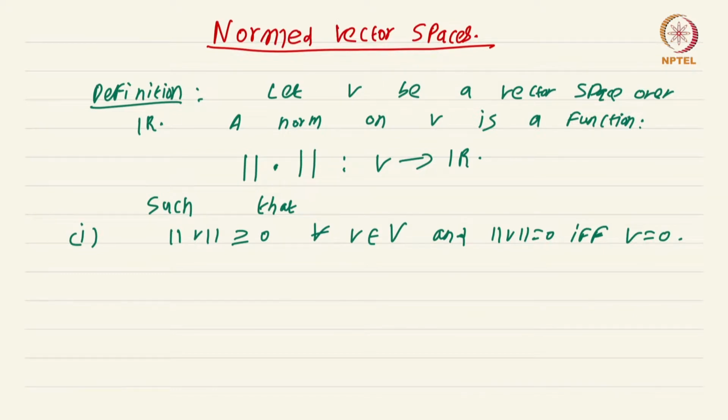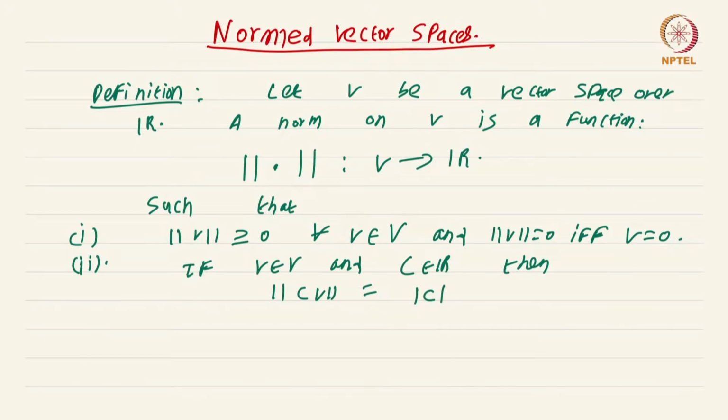If you are measuring the distance to the origin, of course you are always going to get a positive quantity, and furthermore the only quantity which is 0 distance away from the origin is the origin itself. Second property is the fact that if V is in V and C is a scalar, then norm of CV is just mod C norm V. Okay, again a perfectly reasonable requirement.